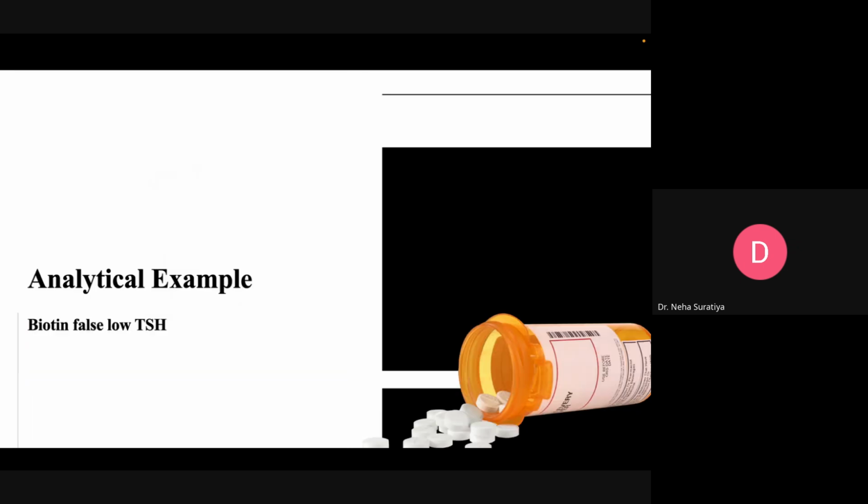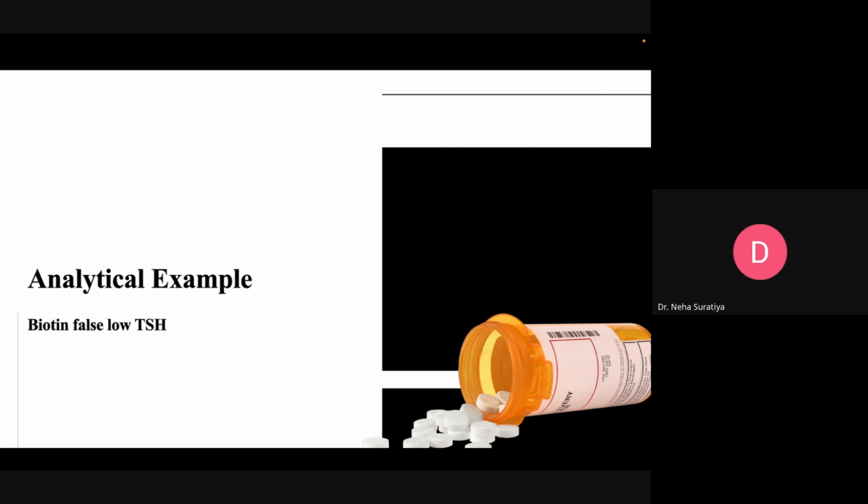Let me just give you an idea about the example so that it will be clear to you. A very practical example is written here, and it's biotin interference, guys. Drug interference, as I earlier told you. Many patients take biotin supplement for hair and skin without informing clinicians. I must say, many of you might be taking biotin as well.